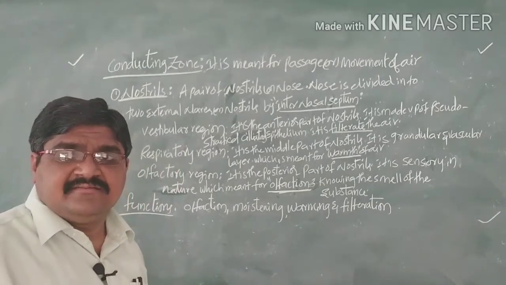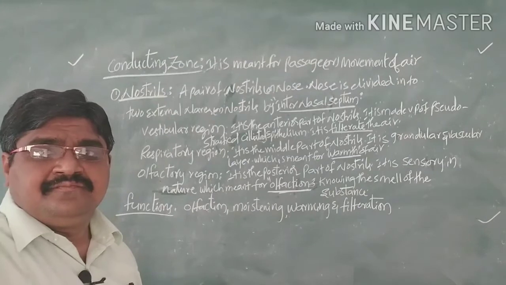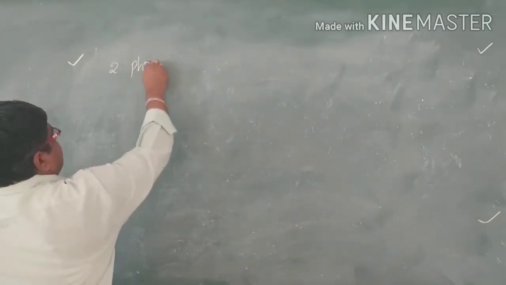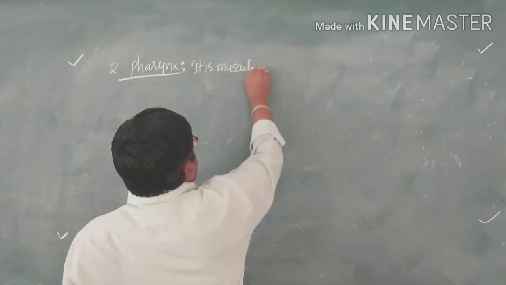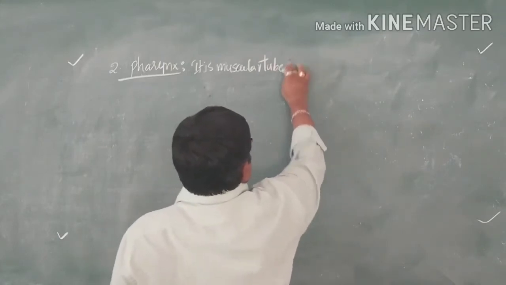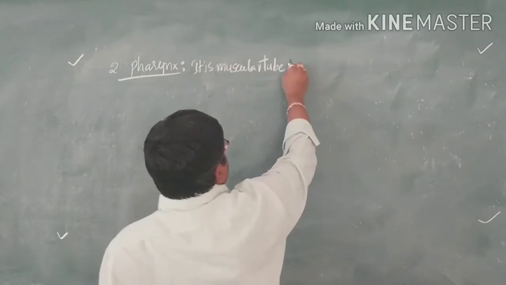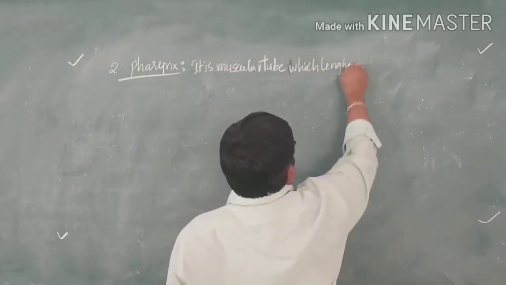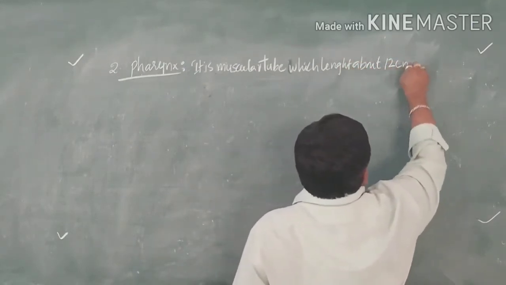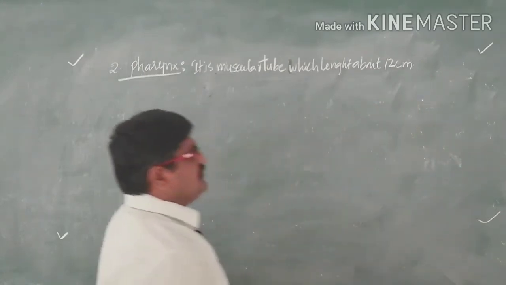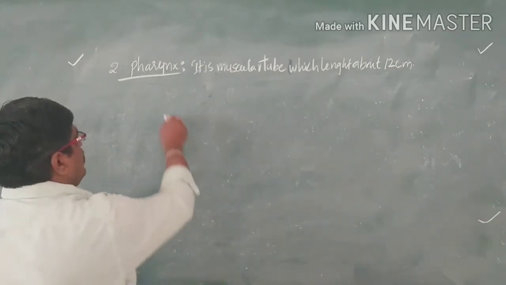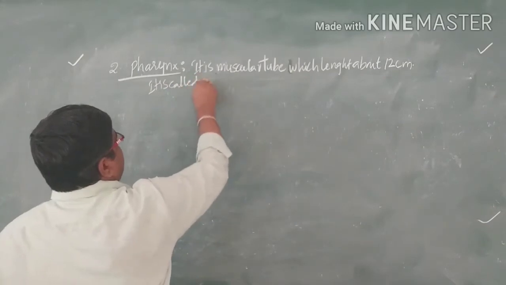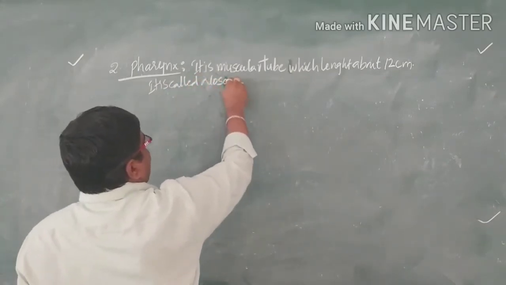Now coming to the pharynx. It is a muscular tube about 12 centimeters in length, also called the naso-oral cavity.